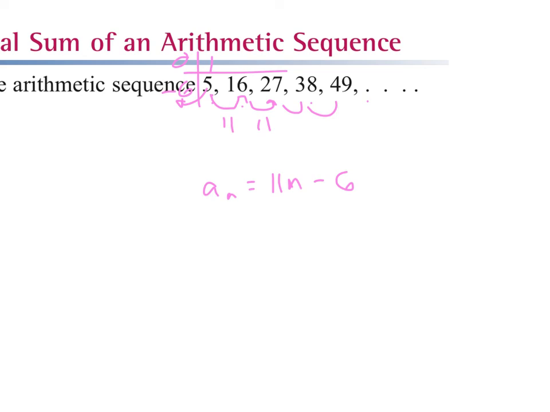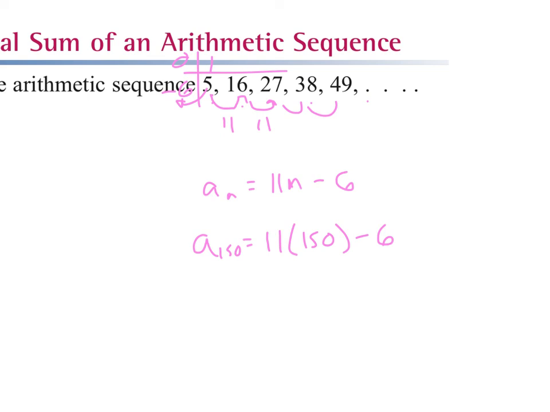What do we need to plug in to find the 150th term? 150. So a sub 150 is equal to 11 times 150 minus 6.